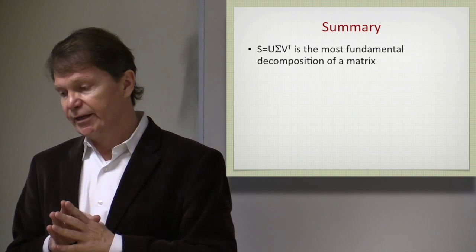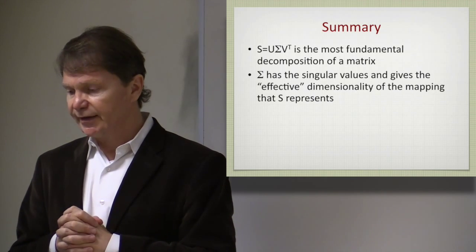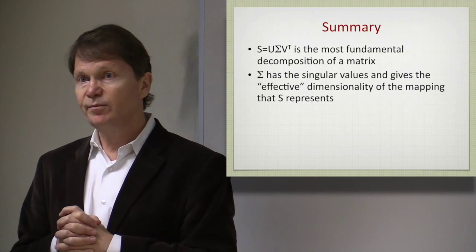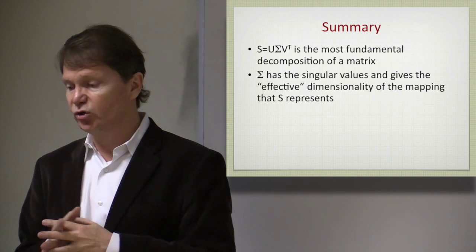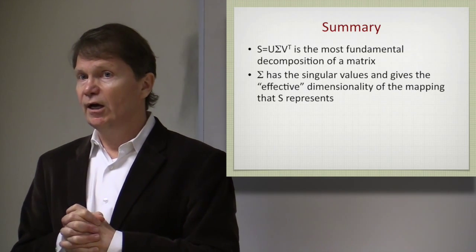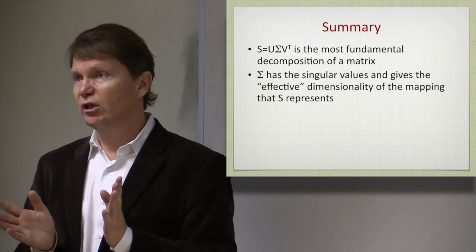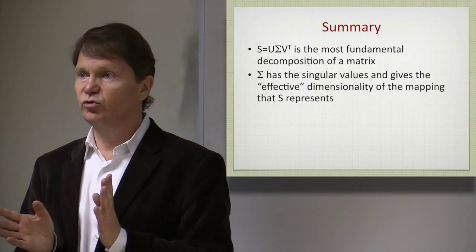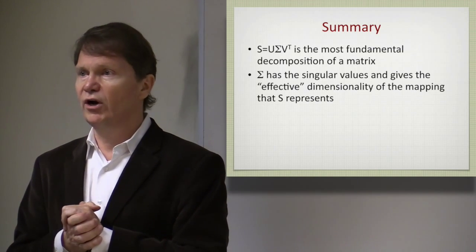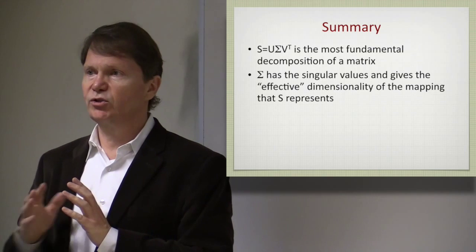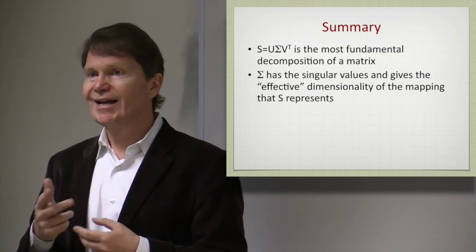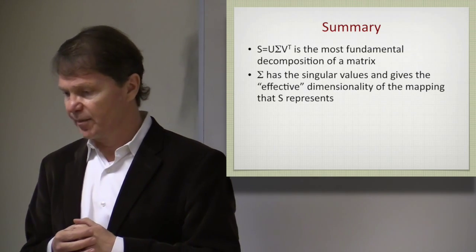Sigma is a diagonal matrix, and it has the singular values, and that can be used to determine the effective dimensionality of a mapping. Early on in the lecture, I used a 95% cutoff on the cumulative singular value spectrum, and I got an effective dimension of 4, even if the full dimension may have been much bigger. So it can help you assess what is the real dimensionality of a mapping.